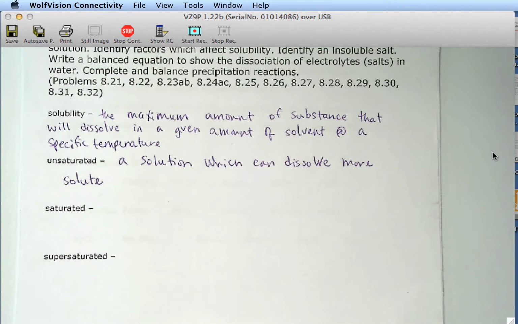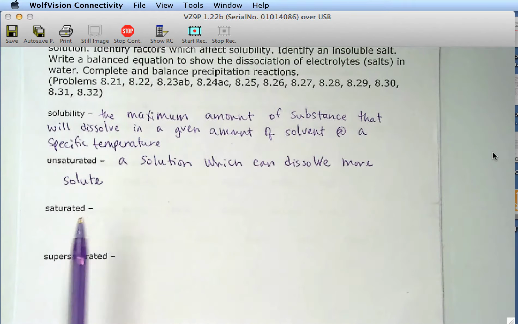So with this iced tea example, this is where you've added the sugar and you don't see any going to the bottom of your iced tea. You can still add a few more teaspoons, tablespoons, cups of sugar, depending on how much sugar you like in your iced tea. Unsaturated, you could still put more sugar in, like I mentioned.